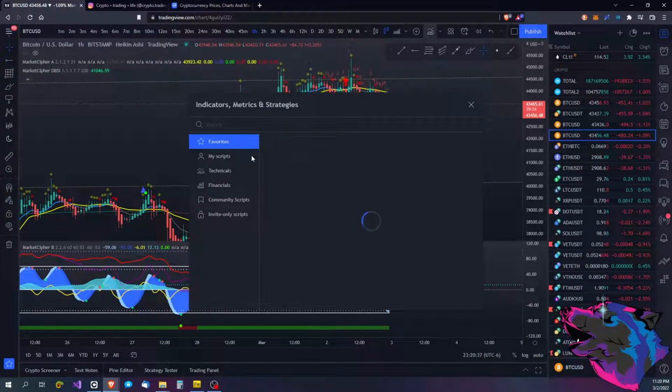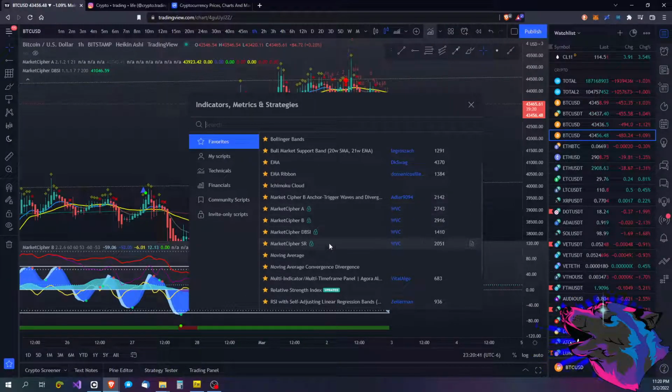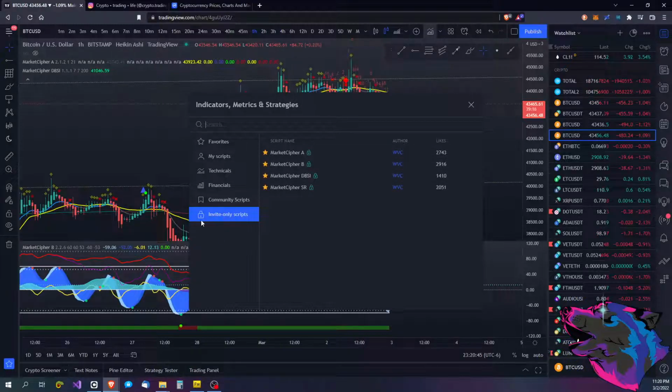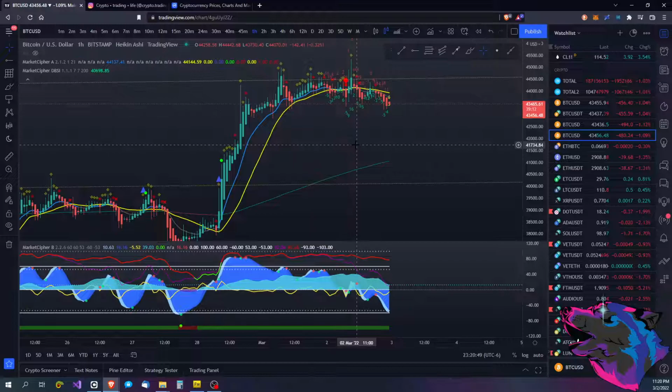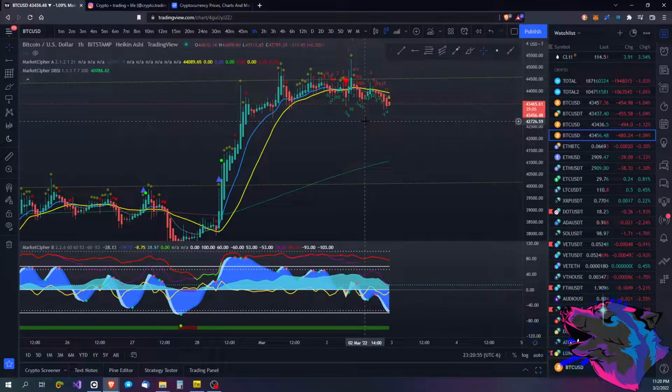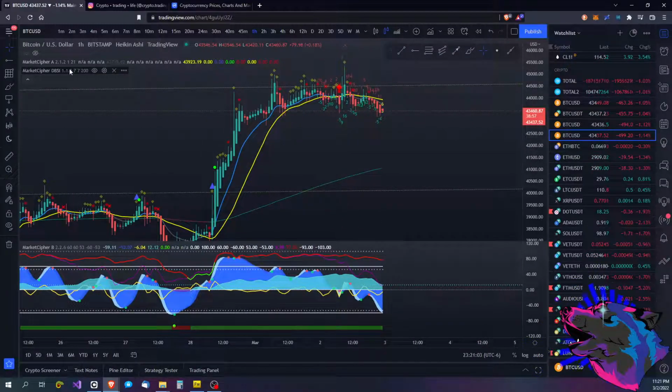If you come over here onto your indicator list, you see they got 4 of them right here, and they have the little lock on it, which show up in the invite only scripts. In order to do that, you buy Market Cipher, and you put in your TradingView account name, and they essentially unlock it from the back end. Then it shows up on your invite only, and you can add it.